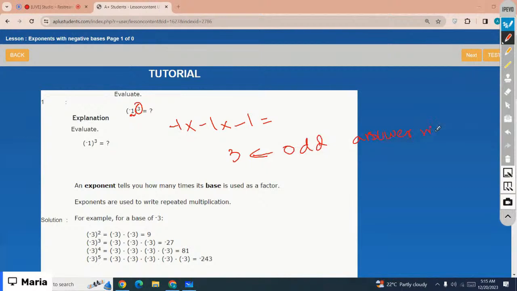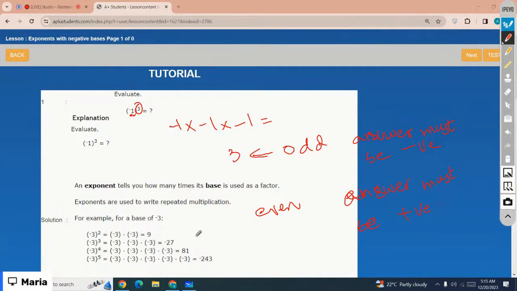If the exponent is even, then the answer must be positive in the case, right? Basically, when you have to evaluate the negative bases, you have to look for their exponent. If their exponent is odd, the answer must have a negative sign. If their exponent is even, the answer must be positive.